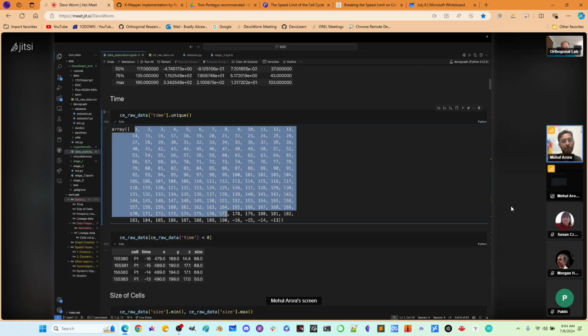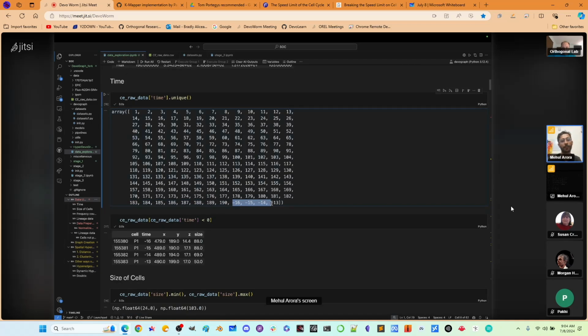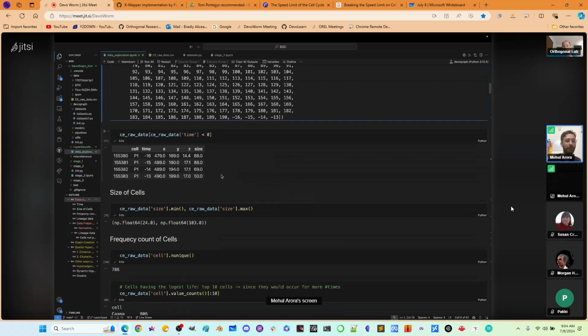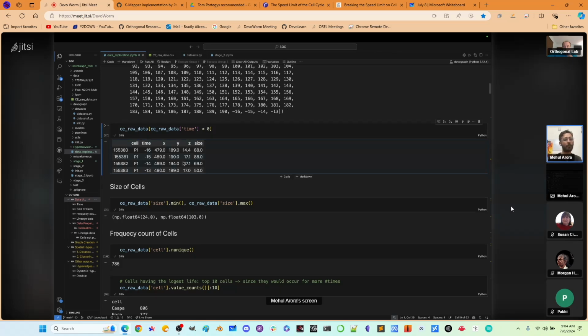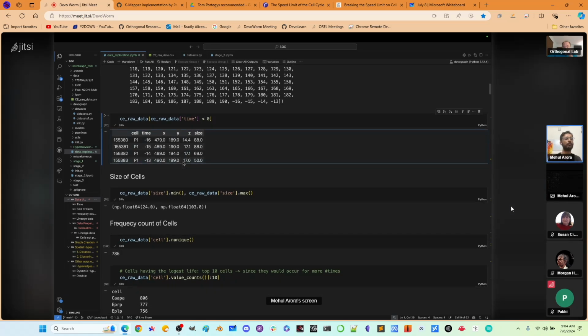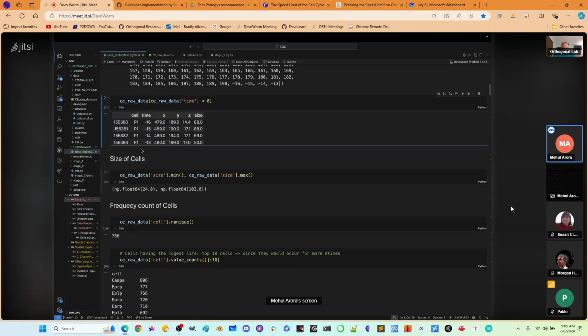But there were some negative points also: minus 16, minus 15, minus 14, and minus 30. I saw which particular cells belong to these time points. Those are P1 only, and their size changes a little bit across time. I was not sure what is happening here, but I think this can be noisy data, though it might be conveying something.